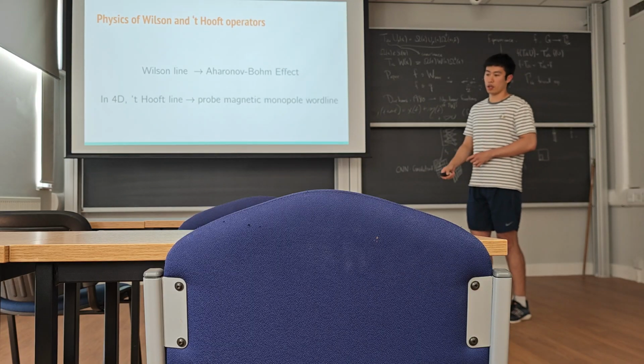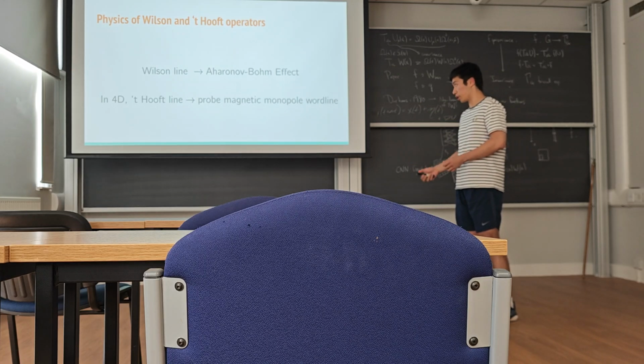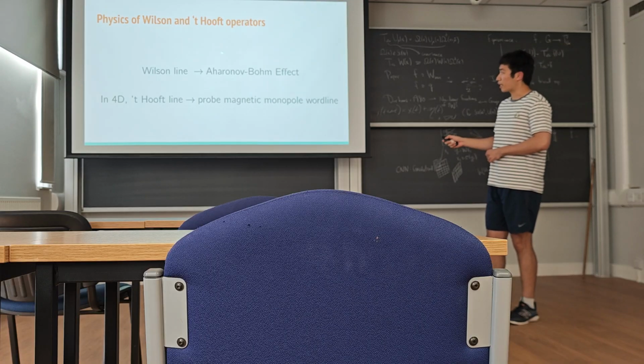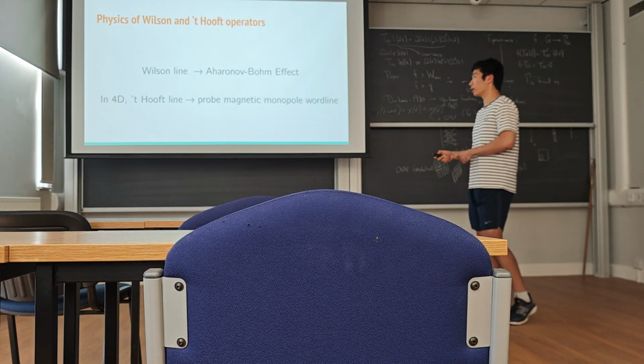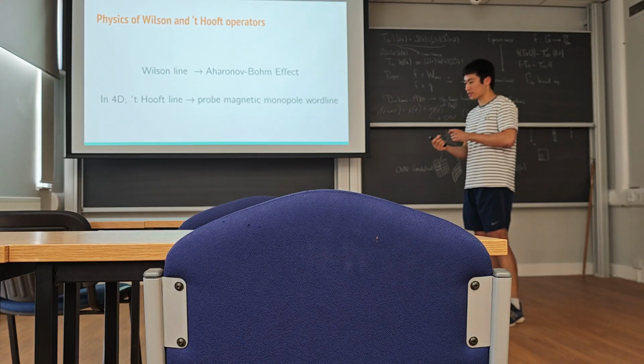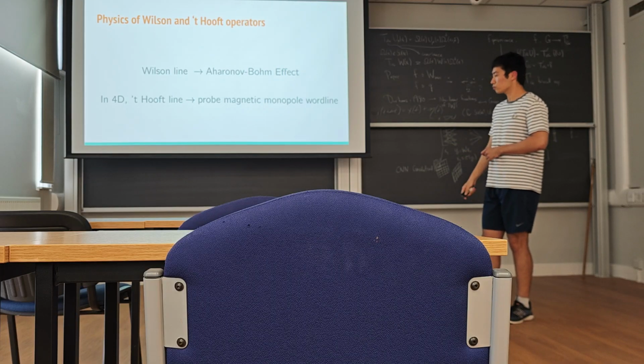Now you might wonder, we learned about Wilson line and 't Hooft operators. What's the physical interpretation? First of all, we already know what the Wilson line is. It actually corresponds to the Aharonov-Bohm effect, because if you think about it, this tells us what happens when a particle traverses a loop around a vector potential, right?